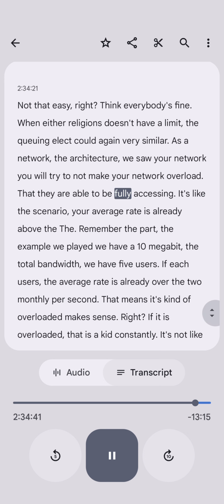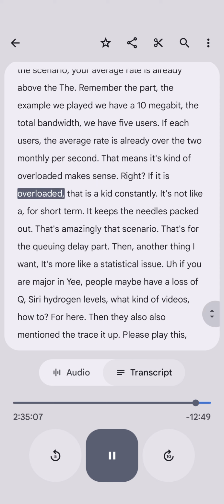Otherwise, the delay would be too excessive. Remember the example we played: we have 10 megabit total bandwidth and 5 users. If each user's average rate is over 2 megabits per second, that means it's overloaded. If it's overloaded, that means it keeps constantly sending those packets out, not just for the short term. That's the queuing delay part.